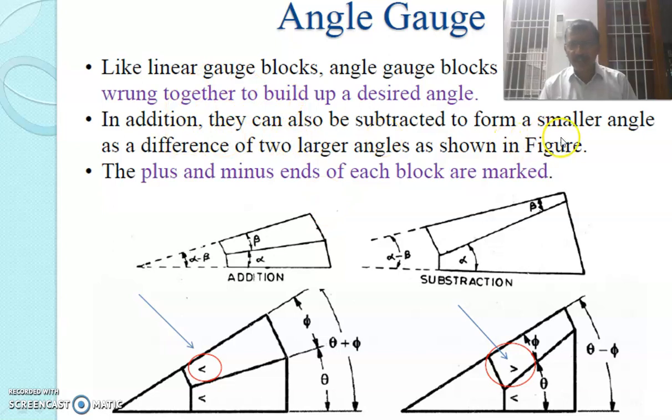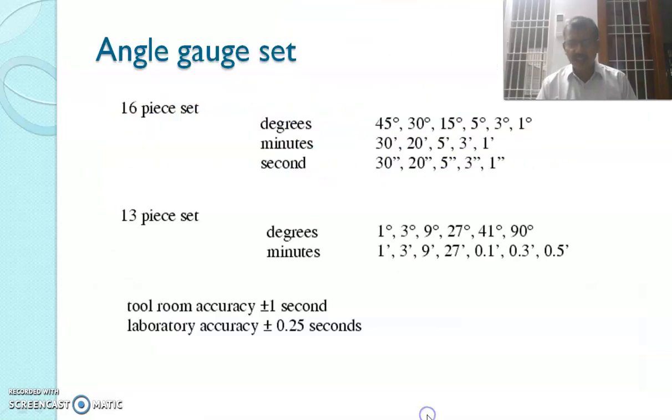In addition, they can be subtracted to form a small angle as the difference of two larger angles, as shown in the figure. So plus and minus ends of the blocks are marked. The less than and greater than symbols are used to add or subtract the two angle gauges.